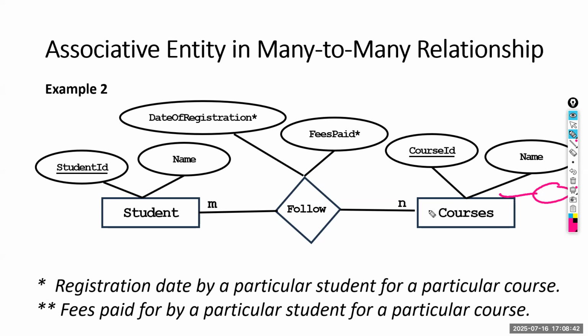So say Nimal registered for the chemistry course in January, and Nimal registered for the biology course in March. So we need to keep track of the date of registration and maybe the course fees also separately.